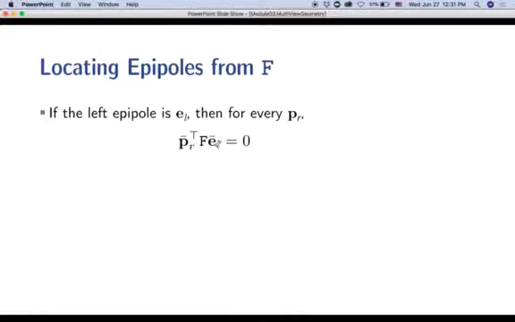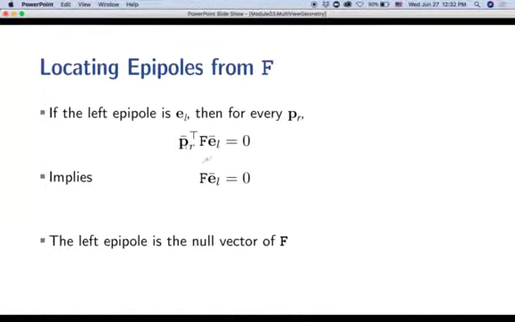Okay. And now my claim is that F EL can't be orthogonal to PR. Why? Well, because this relationship holds for every PR. If it's orthogonal to one, it won't be orthogonal to the other because they are in the same geometry, right? So since this relationship holds for all PR, the only possibility is that F EL is 0.